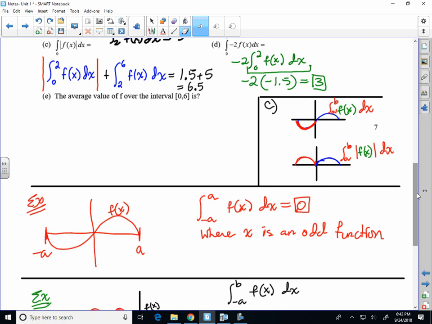So when they ask you for the average value over an interval, they're saying to find the net area and divide it by the length of the interval. Or, the formula: 1 over b minus a, integral from a to b of f of x dx. The given interval is made up of the a and the b values.